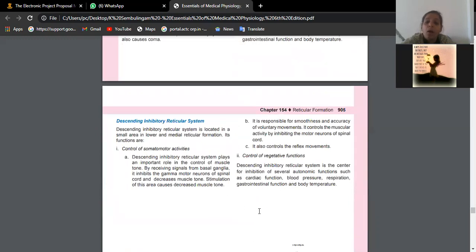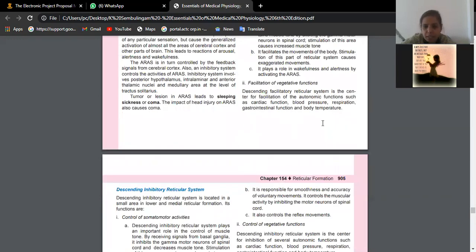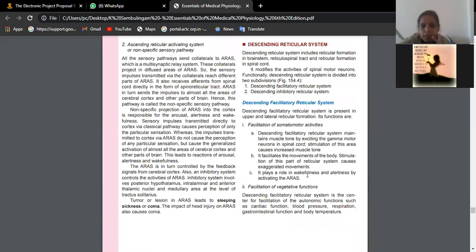Whatever you read for facilitatory, I will give you one hint: you have to write quite opposite things for inhibitory. So under inhibitory, you should write the reverse: inhibition of muscle tone, inhibition of muscular movements. It is responsible for sleepiness.